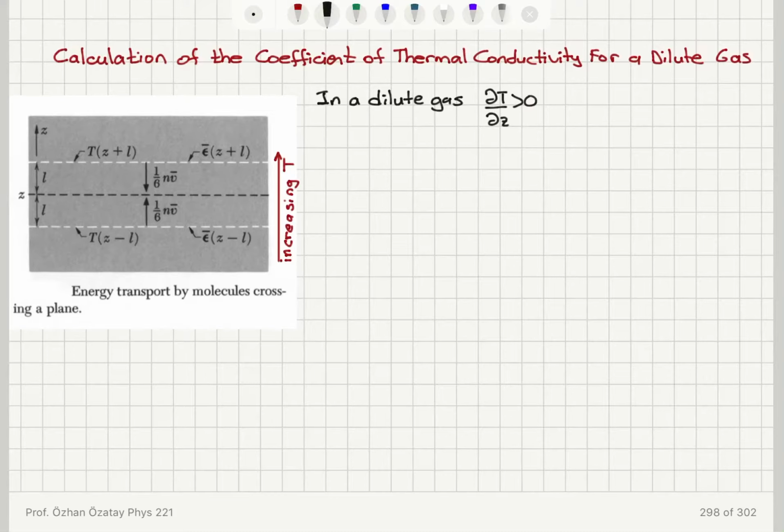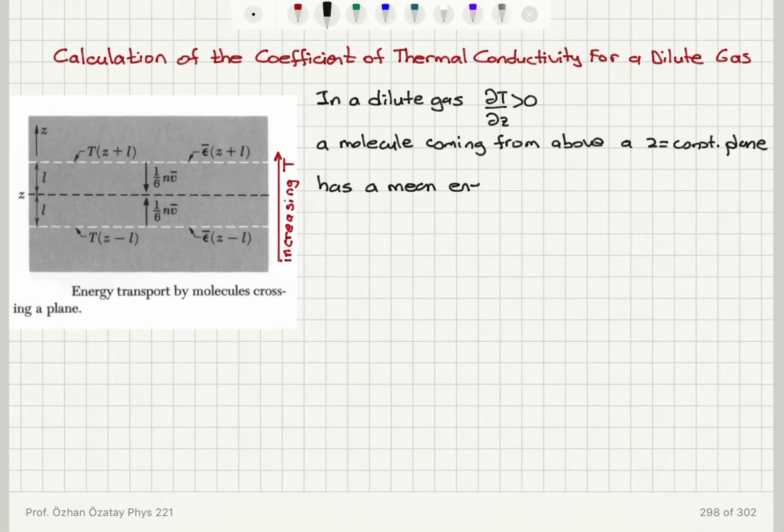So this implies that a molecule that is coming from above, as z is equal to a constant plane, has a mean energy, that's the mean energy per molecule, which depends on temperature, that is larger than a molecule that is approaching this plane from below.